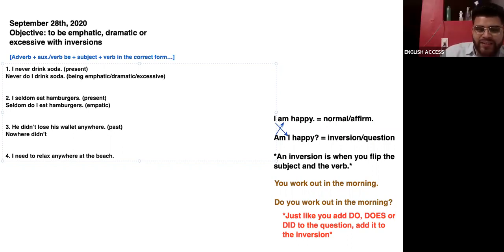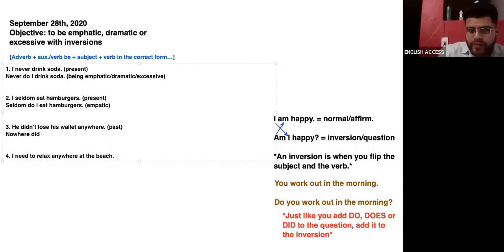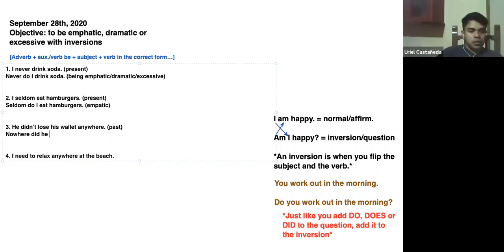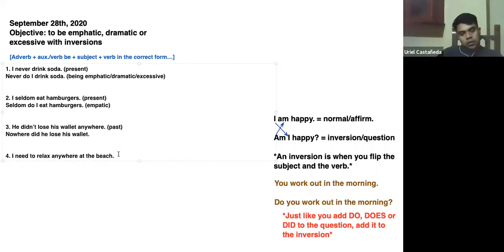Did. Nowhere did. Remember, we can't have two negatives in one sentence or in one clause. Nowhere did. Subject: he. Verb: lose. He lose his wallet. Oh, don't repeat anywhere.